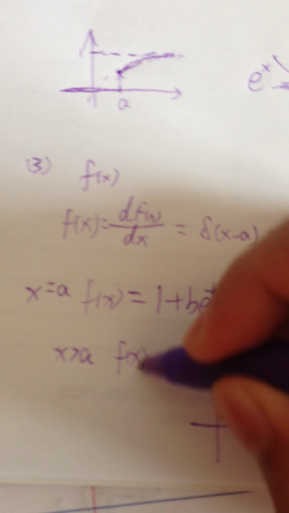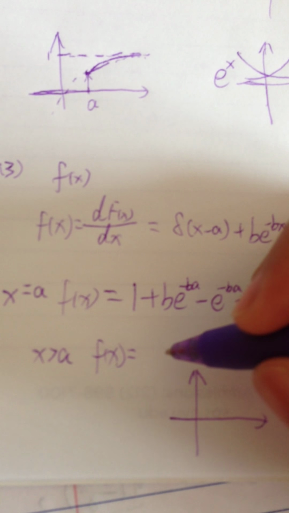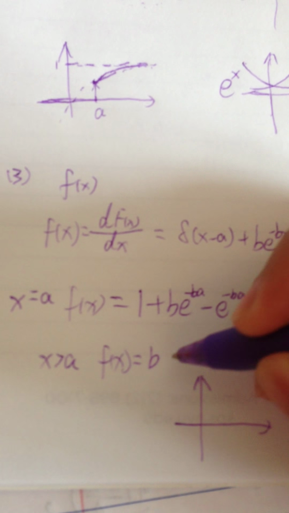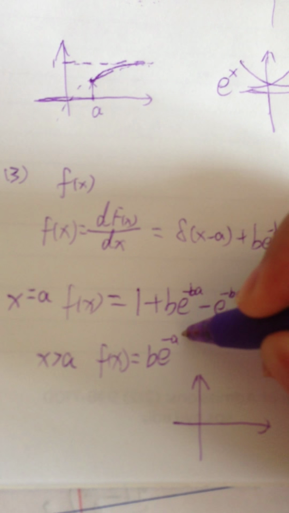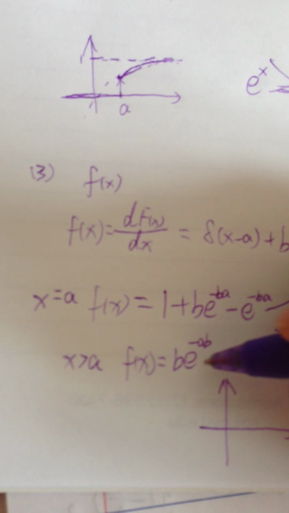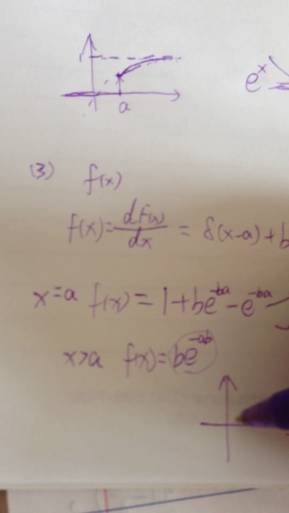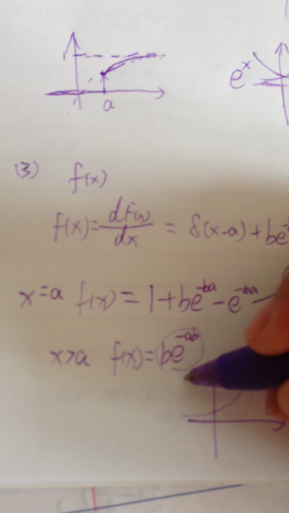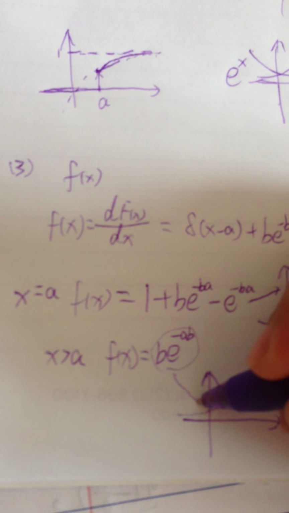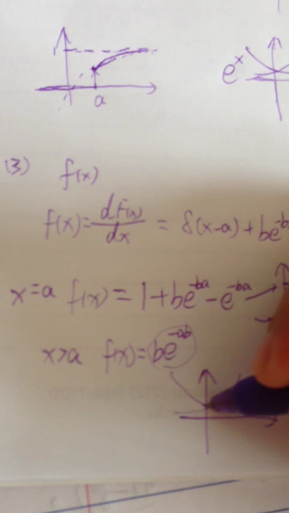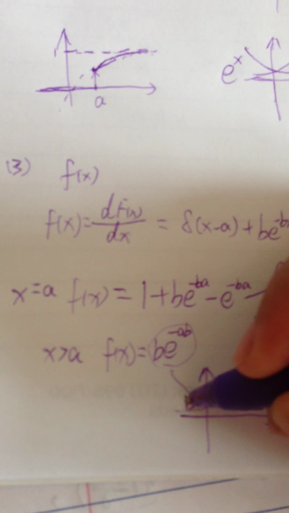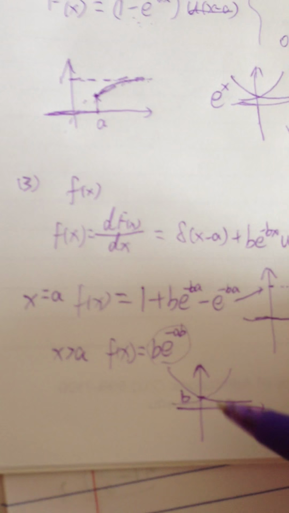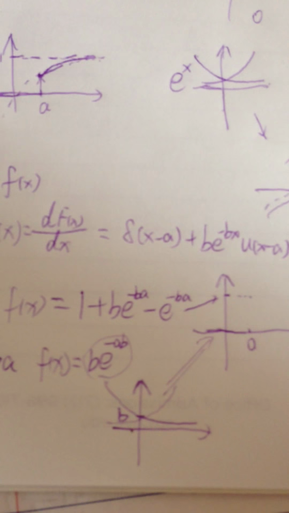For f of x, first let's talk about f of x equals b multiplied by e to the minus b x. This part is just like this one, and we put it here and multiply by b, so we get the crossing of the y-axis at b. So let's put this into the answer.